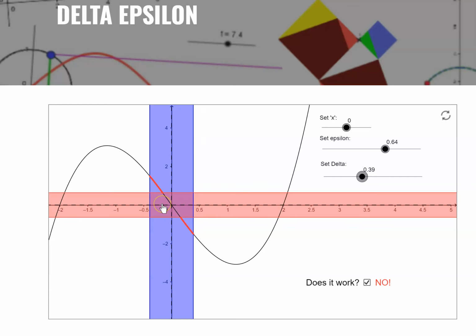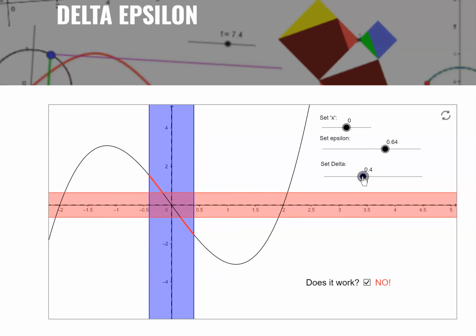This is because there are values of x in that region that produce y values beyond what we're interested in. Keep in mind, we want y values between 0 minus 0.64 and 0 plus 0.64.